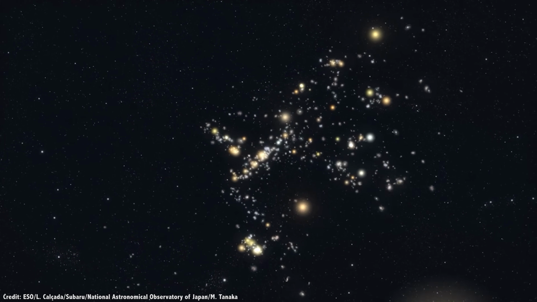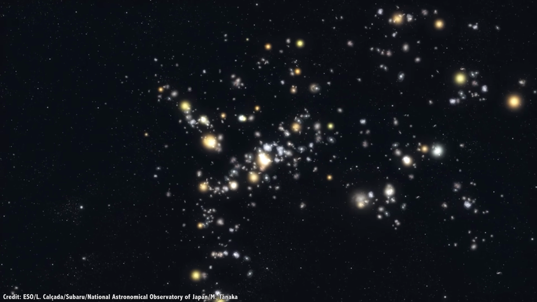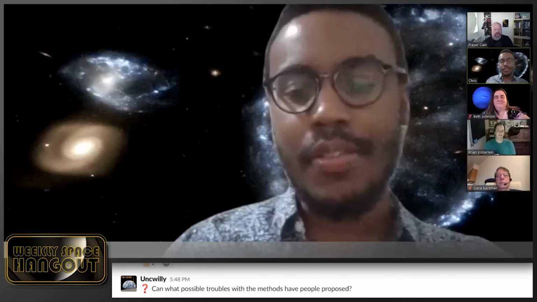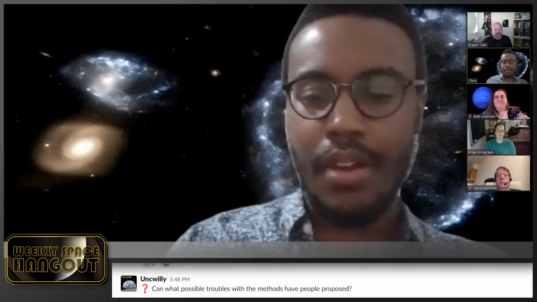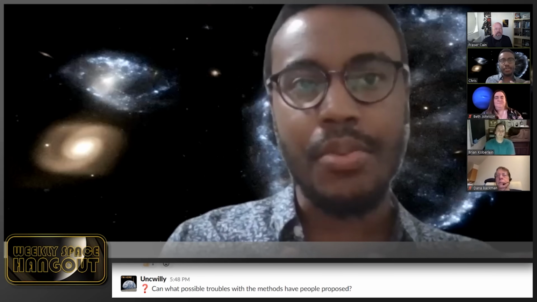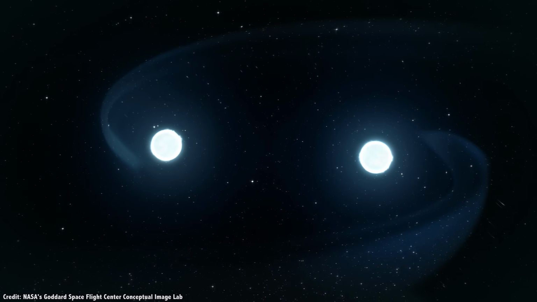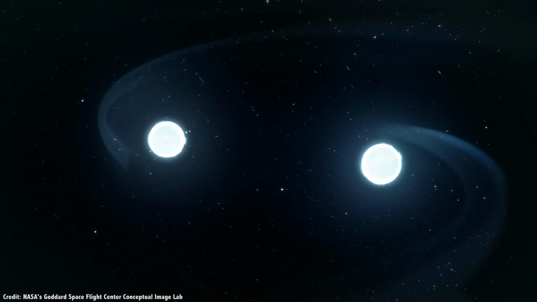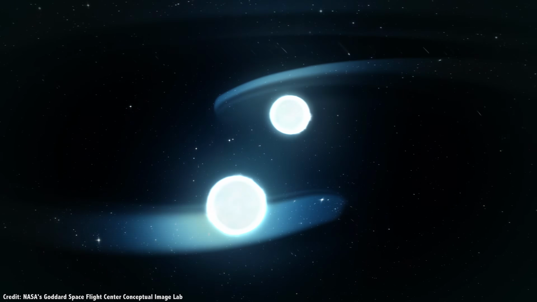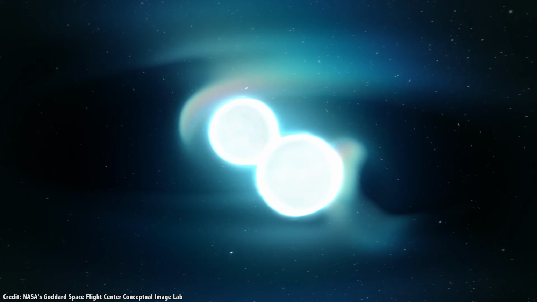Wait, there's also another method you can use. Yeah. Fifth. There's a couple of others. Go ahead. So this one was sort of used after the neutron star merger discovery with the gravitational waves. Because if you have a kilonova, you can get a redshift from that, and you can get a distance from the gravitational waves. And so if you have the redshift and you have the distance, you can solve for the Hubble parameter that way.